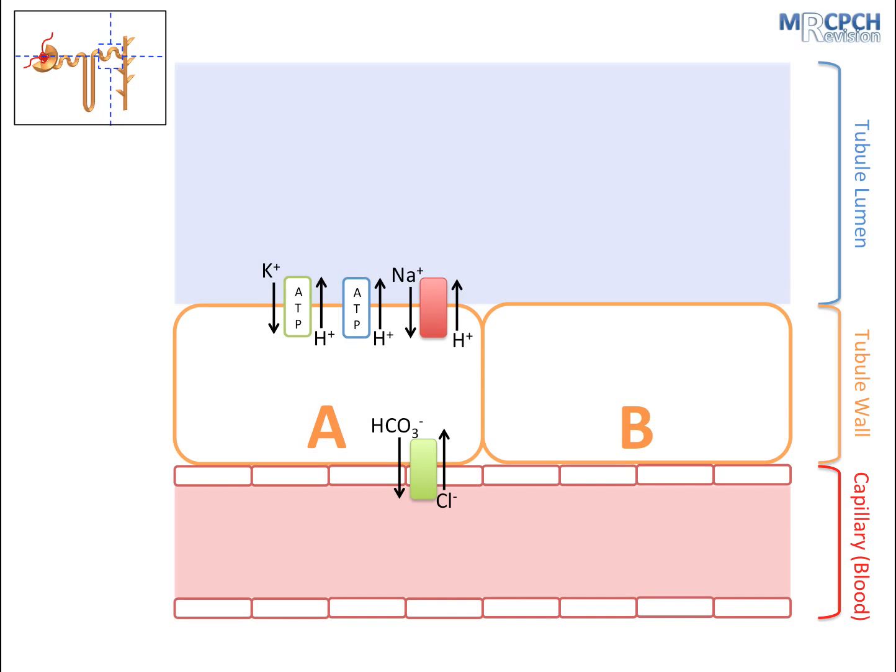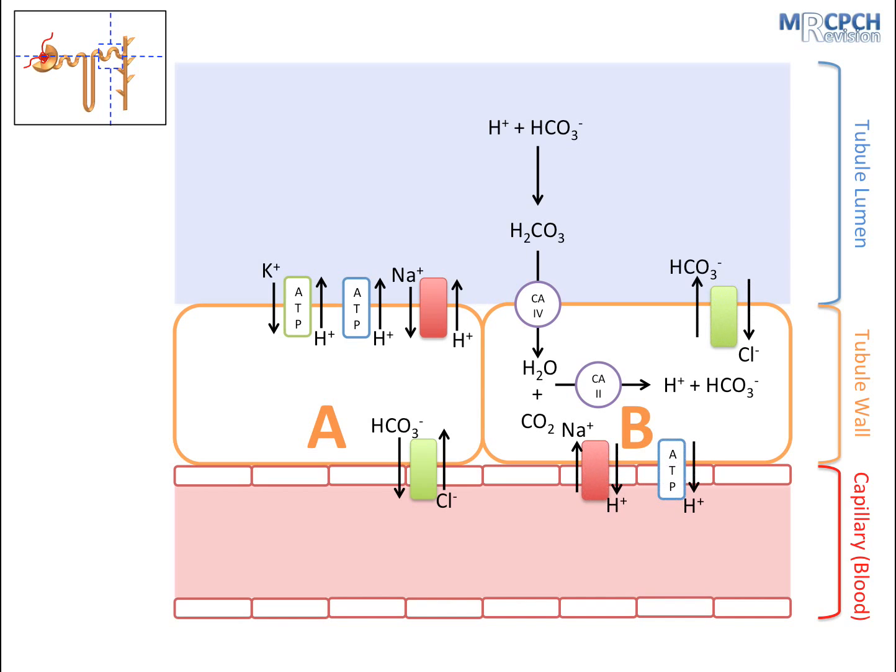So, as you can imagine, the type B cell does the precise opposite. Again, through the carbonic anhydrase system, we end up with our proton and bicarbonate. And here, just like on the proximal convoluted tubule, but in a mirror image, we have the same transporters.